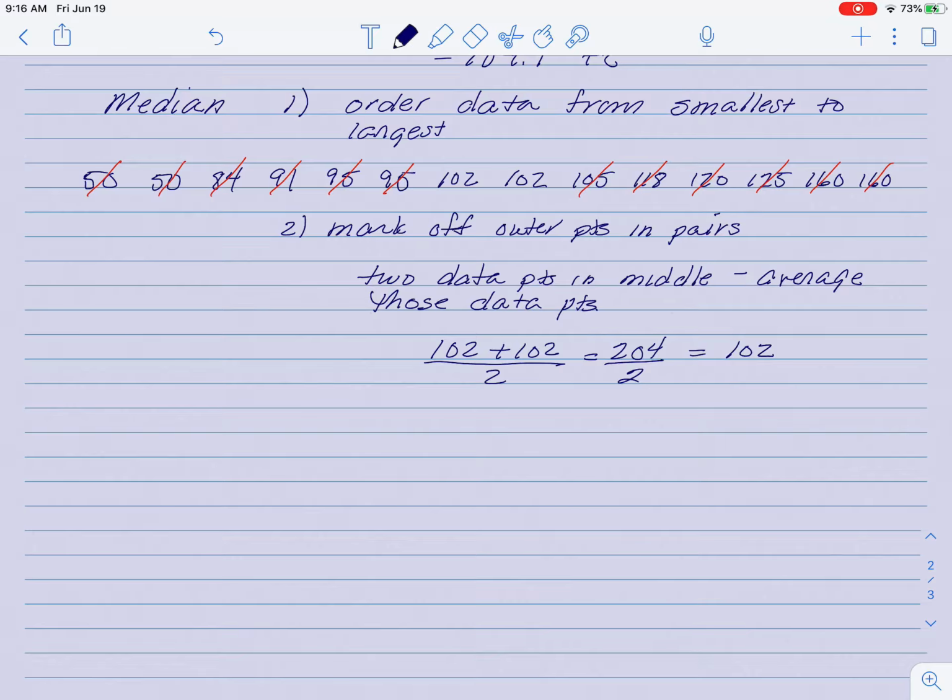So 102 is the median value. Now if you had an odd number of data points, when you went and knocked these off, there would only be one middle. So if there's one middle, that's your median.